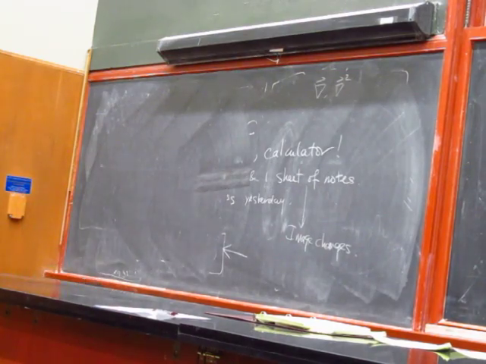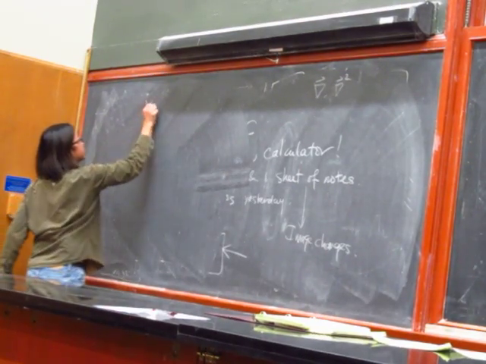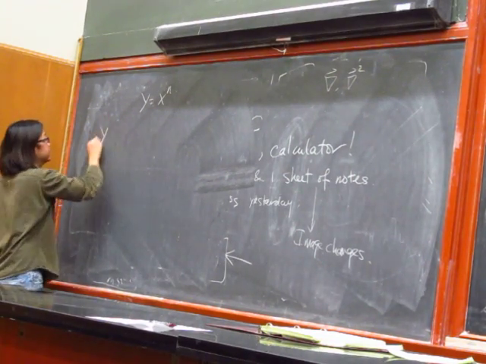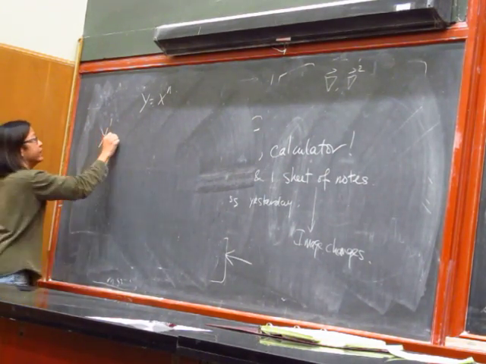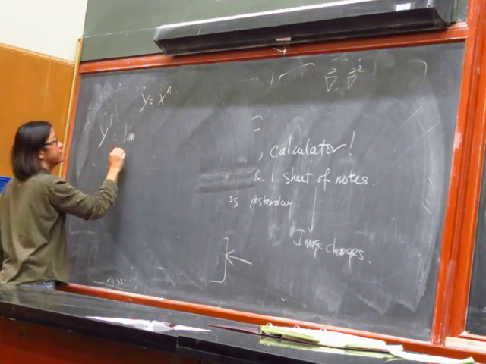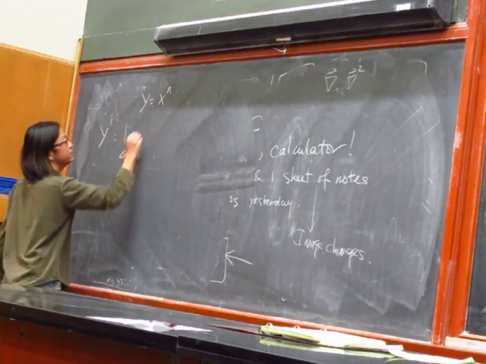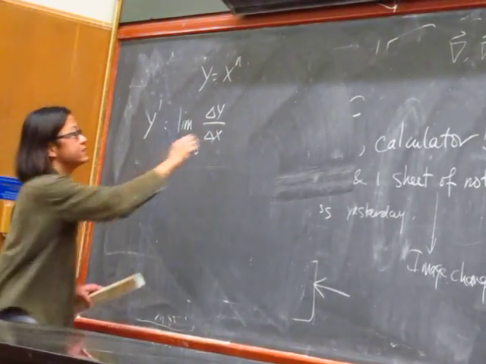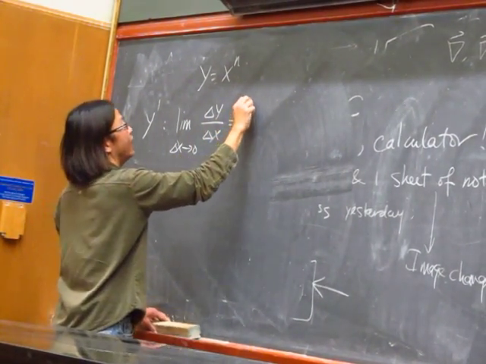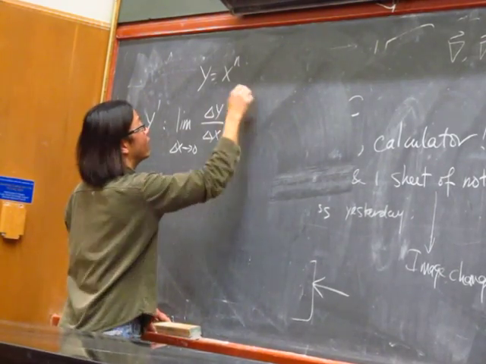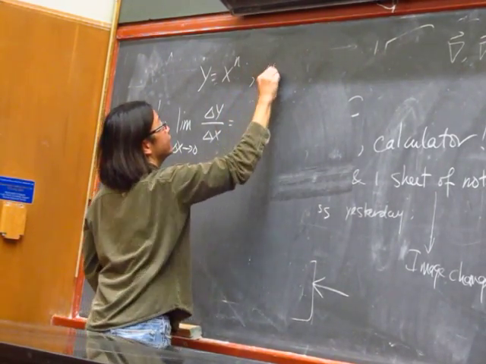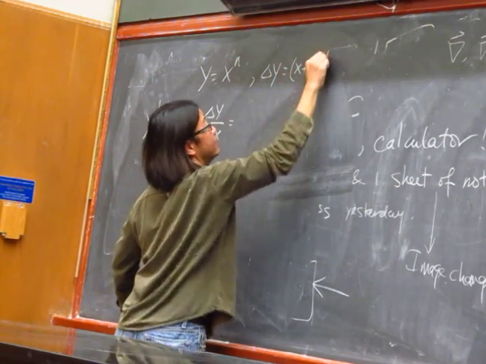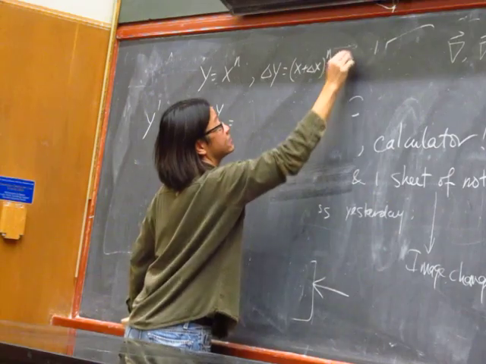Okay. Say I have a function y equals x to the power of n. I want to find the derivative y prime. This is just the limit as delta x goes to 0 of delta y over delta x. Delta y is just x plus delta x to the power of n minus x to the power of n.